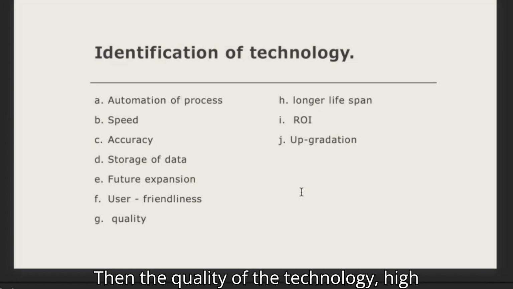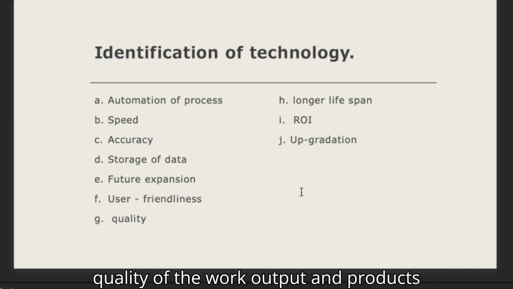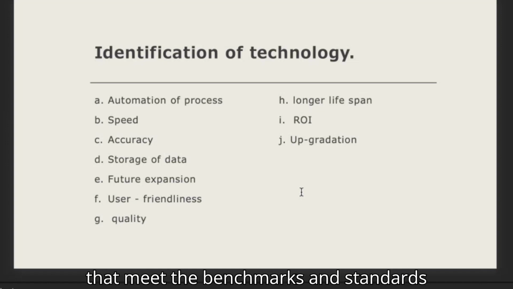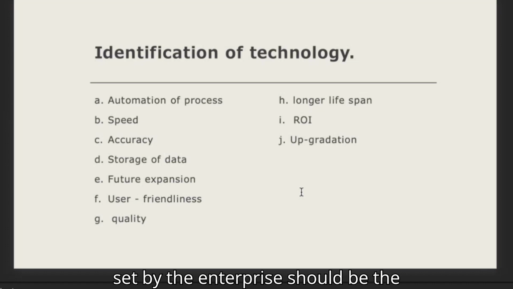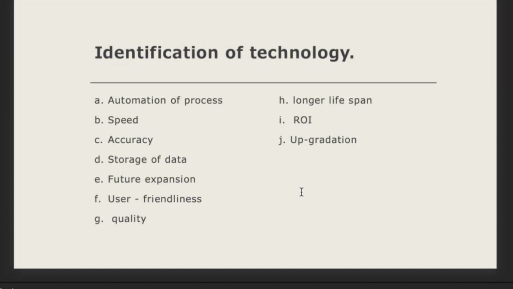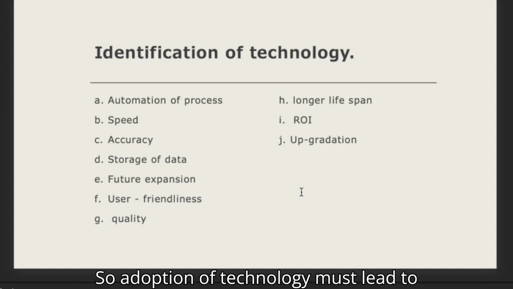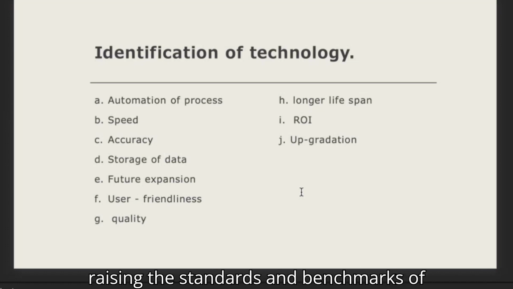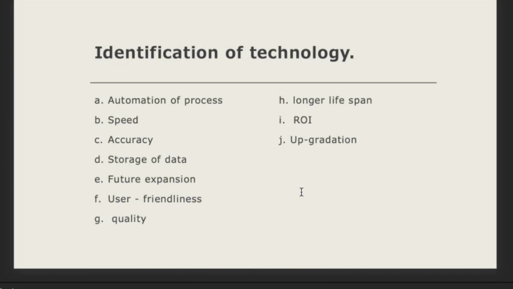Then the quality of the technology: high quality of the work output and products that meet the benchmarks and standards set by the enterprise should be the result of the technology that we use. So adoption of technology must lead to raising the standards and benchmarks of the organization from the existing levels. The quality of the products and services must be higher and higher.